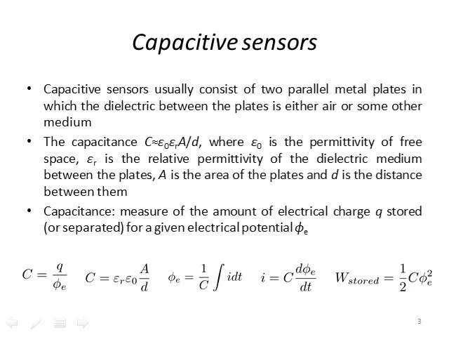We have on the left the capacitance is equal to the electronic charge divided by the voltage, which is essentially Gauss's law of electrostatics, and the capacitance formula. And then we have the integral and the derivative, the differential form of the potential and the current with respect to the differential in time, and then the stored energy in the capacitor.